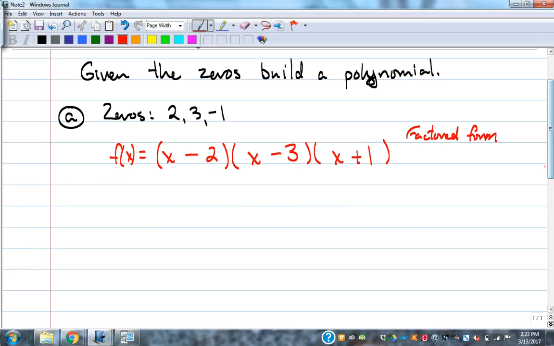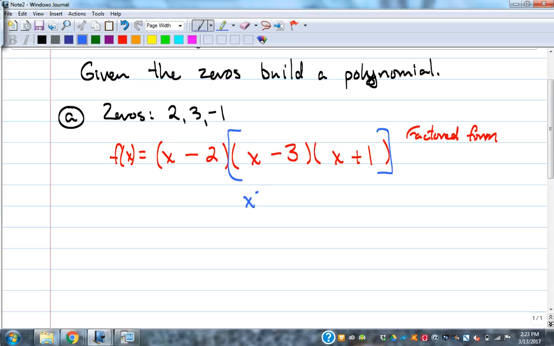Let's get standard form. To get standard form, you multiply this out. It's multiplication, so it technically doesn't matter what order you do it in. I'm going to show you the way that I do it. If you want to do it in a different order, it's fine with me. But I just start with two of them and multiply those two together.